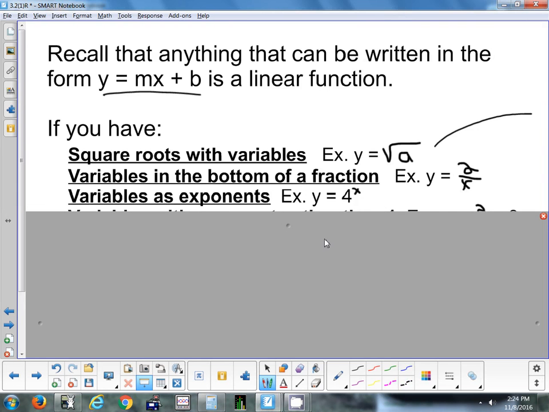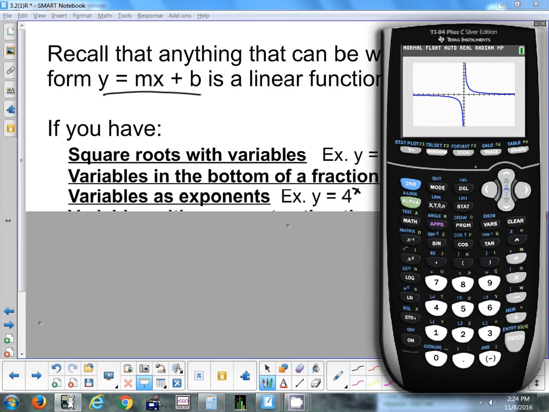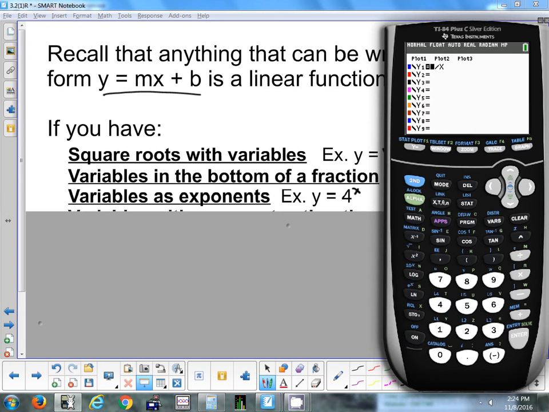Third thing, put a variable in the exponent, like 4 to the x. This one's not quite as exciting, but you'll be able to see it's definitely not a line.